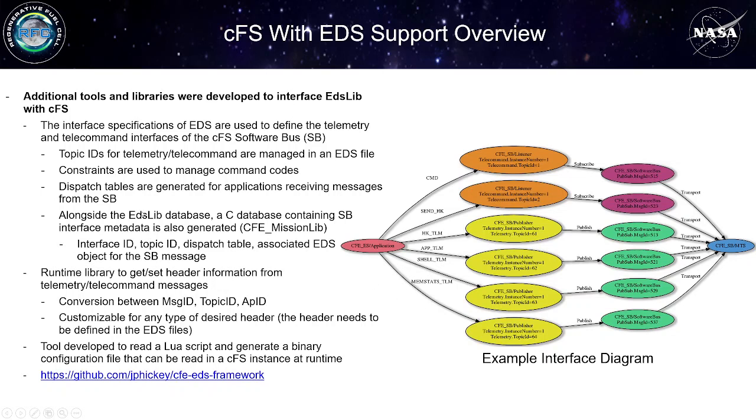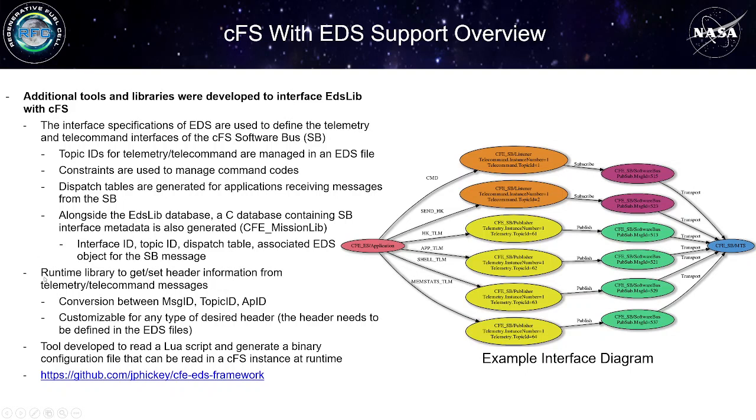And then along with the C database from EDS Lib, another C database is created containing the metadata of the interface database, and that's this CFE Mission Lib. So this contains things like interface IDs, topic IDs, dispatch table pointers, and then associated EDS objects for all the software bus messages.